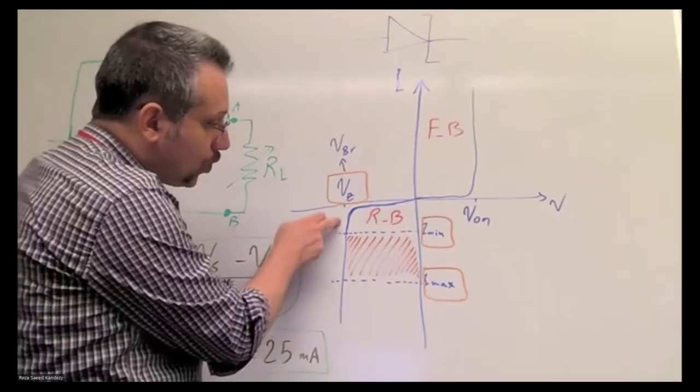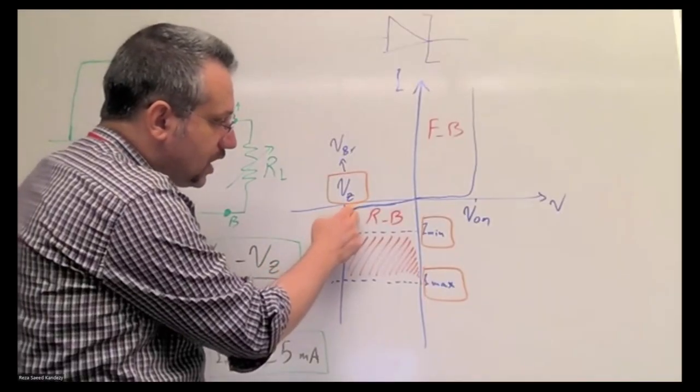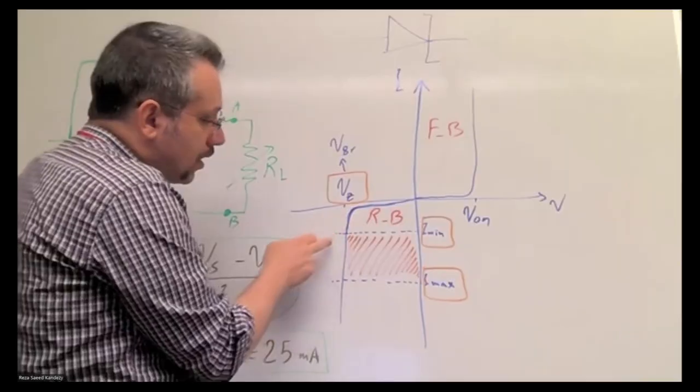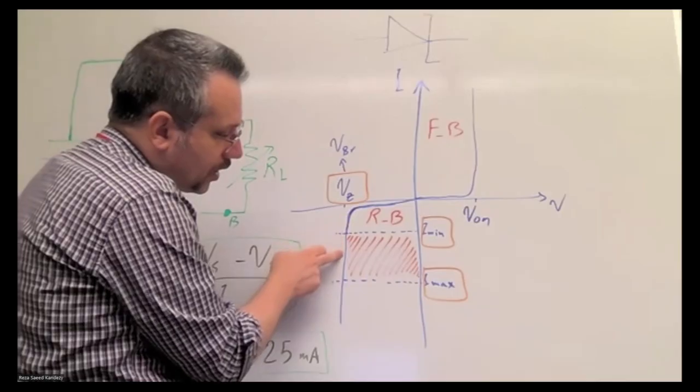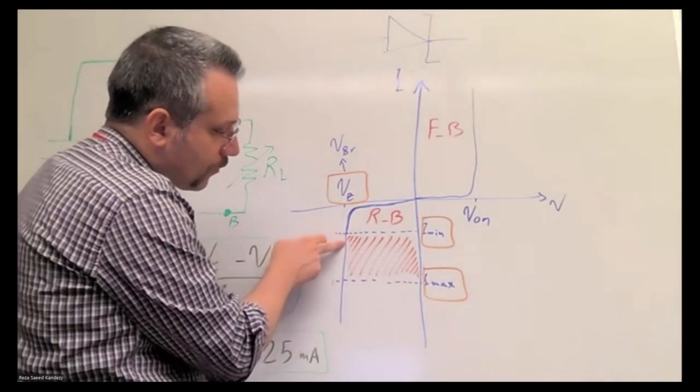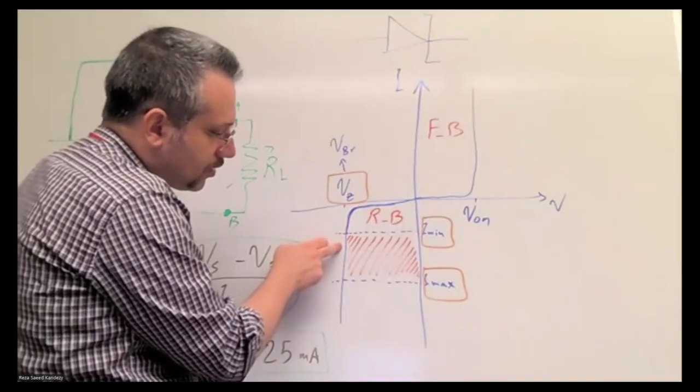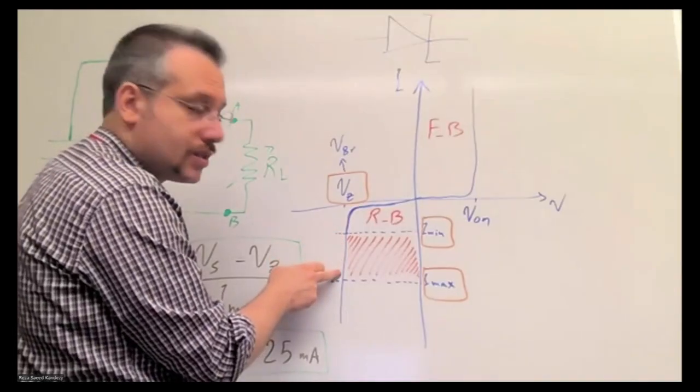So we want to move away from this knee part, okay, and go toward the one that has a very negligible voltage difference and linear characteristics.